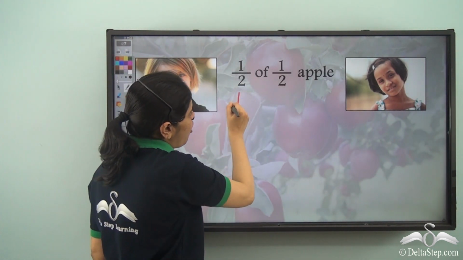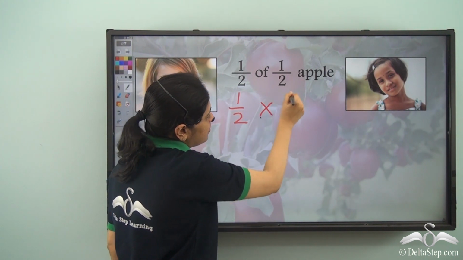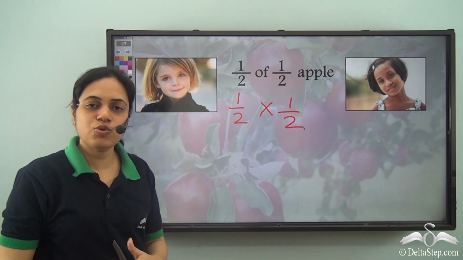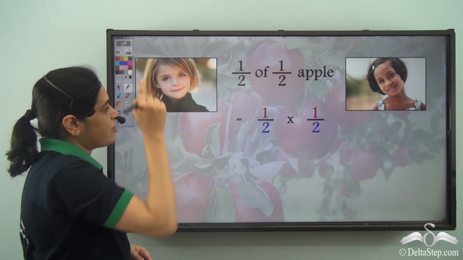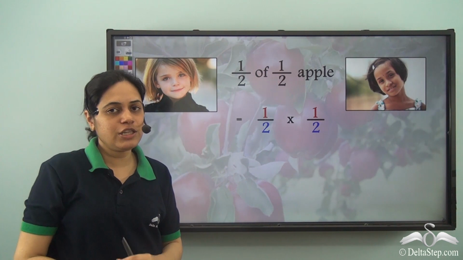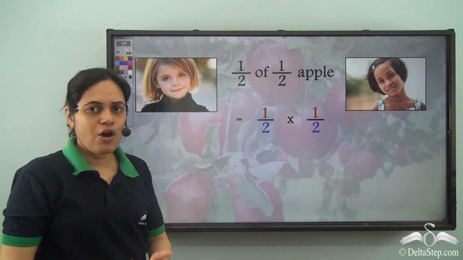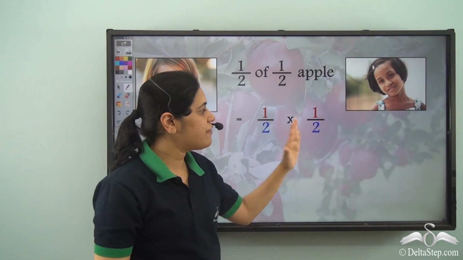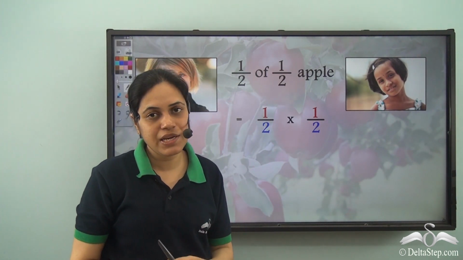Now half of half means half into half or 1 by 2 into 1 by 2. Because I can replace of by into or multiplication. Of is the same as multiplication. Now once again I have two fractions being multiplied.